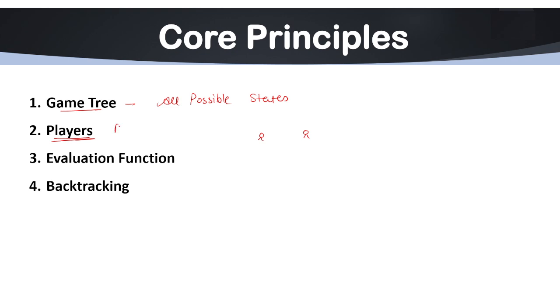So we have two types of player. First is your maximizing player and another is your minimizing player. The maximizing player attempts to maximize the score, for example, AI aiming to win here. And the minimizing player attempts to minimize the score, that is, the opponent trying to counter.